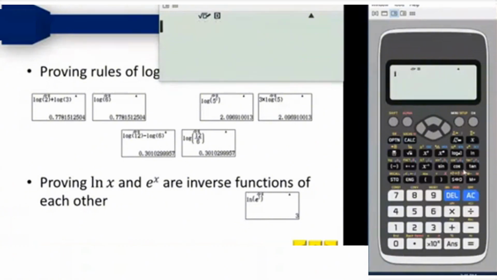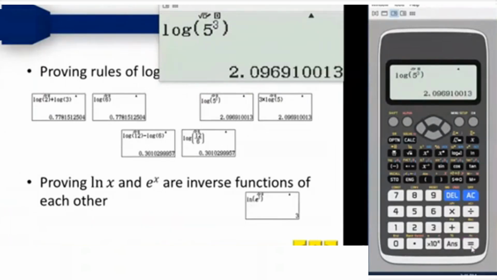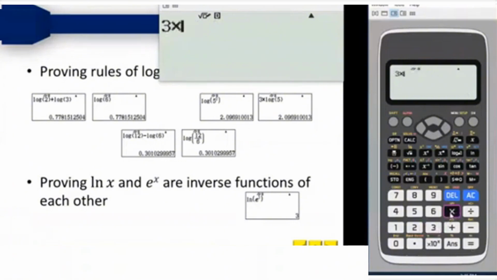See, log 5 cubed is 2.0969. It is the same as 3 multiplied by log 5.